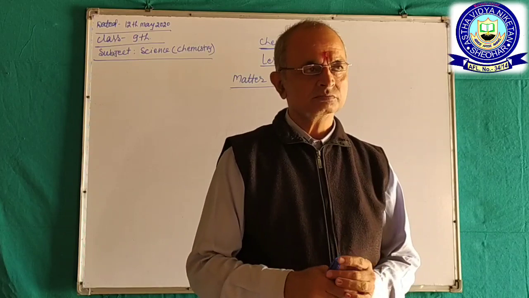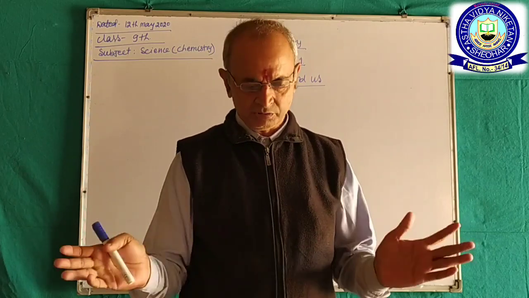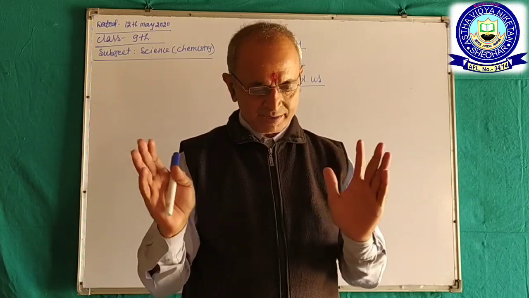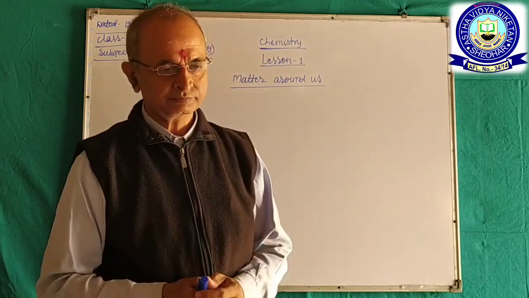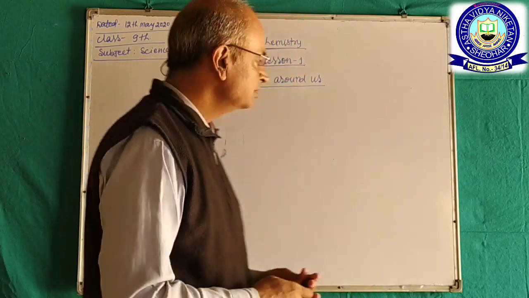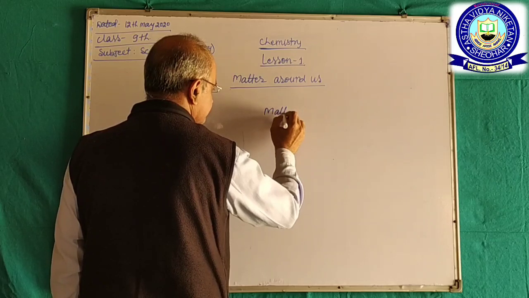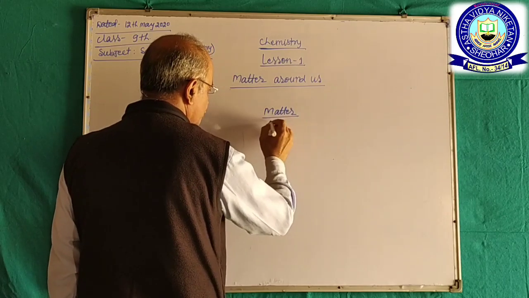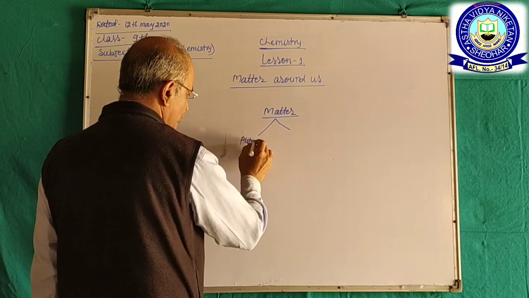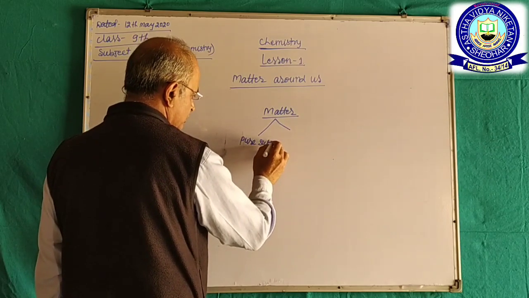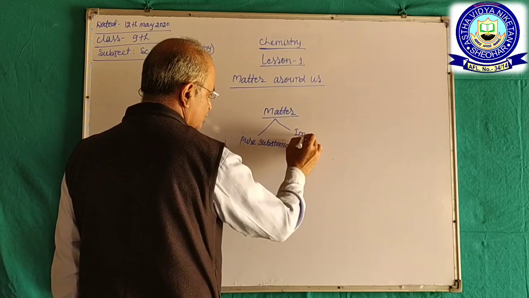Dear students, in previous classes you have studied that matter is anything that occupies space and has mass. Basically, matter is classified into two main groups: pure substance and impure substance.